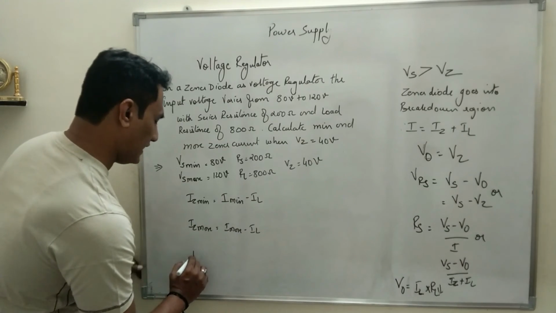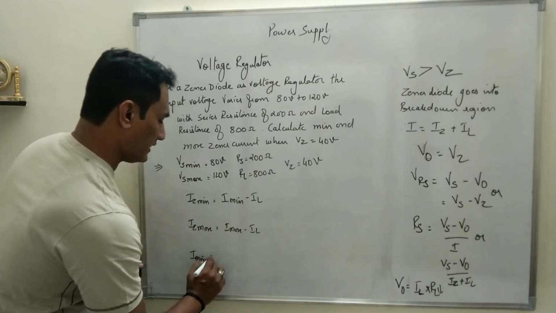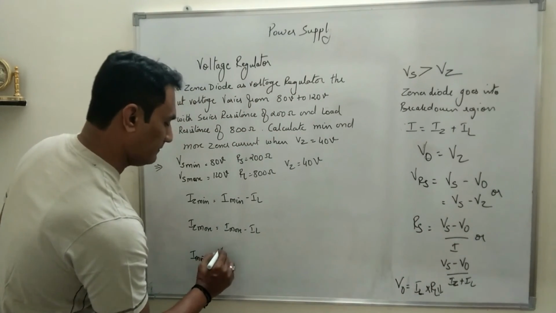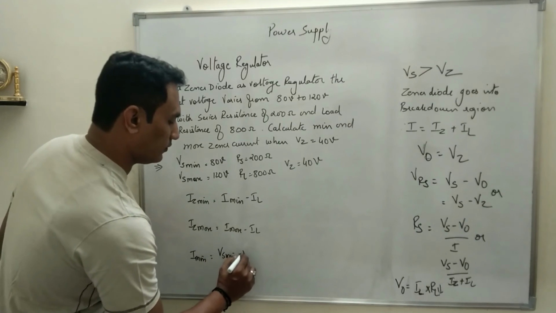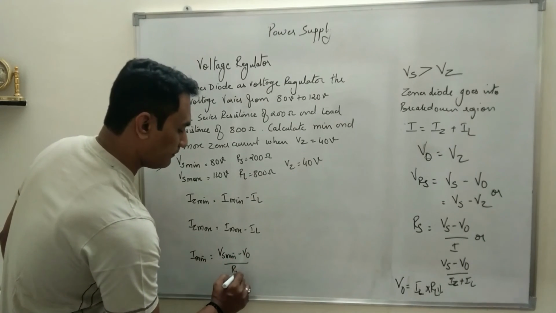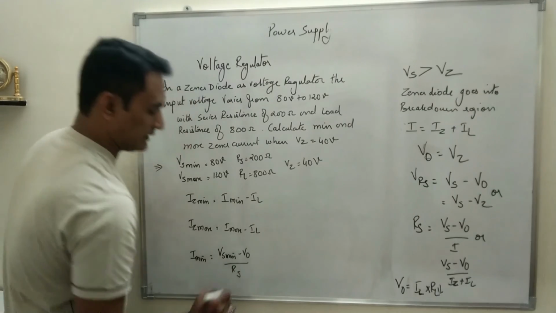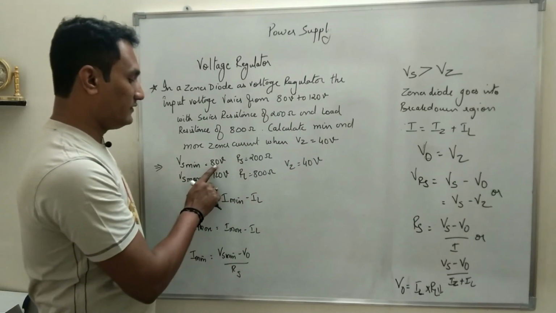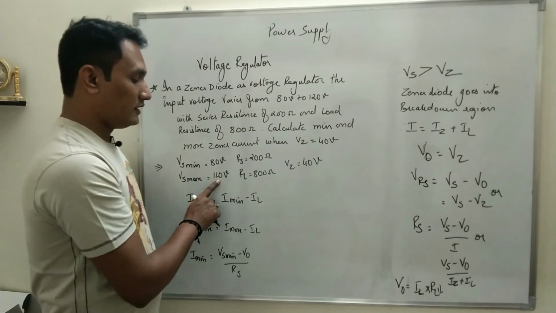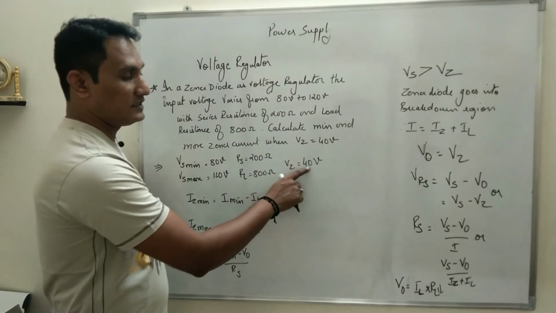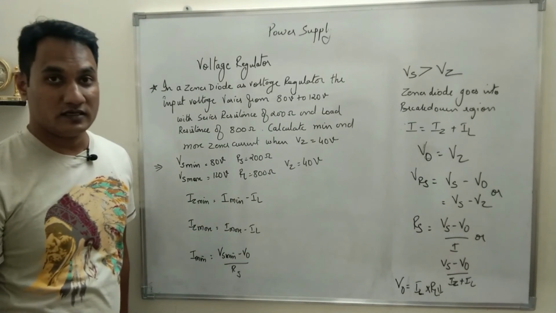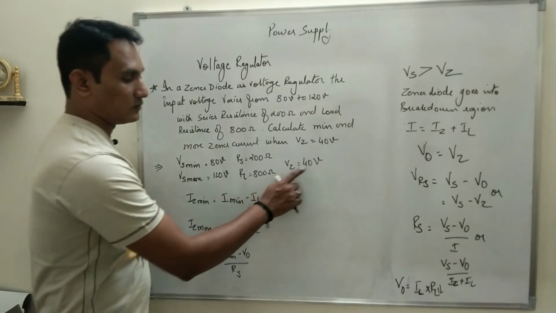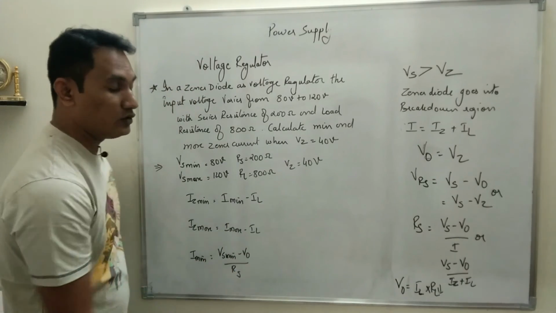The first is I minimum, which will be Vs minimum minus V0 upon Rs. Now here V0 is not given, but in both cases, even if the input voltage is 80 volt or 120 volt, as Vz is 40, the Zener diode is in breakdown region, and so the output voltage is equal to the Zener voltage. That means the output voltage will be equal to 40 volts.